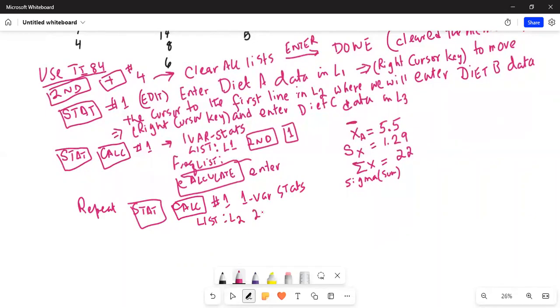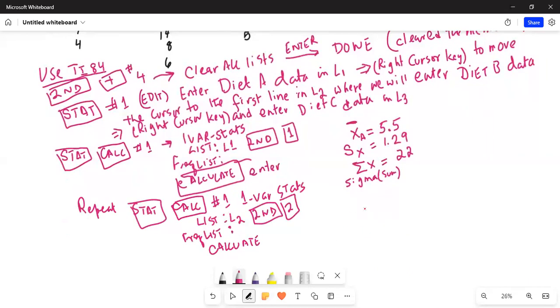How do you make it L2? Second button and 2. And then frequency list is empty. And then calculate. Okay. So stat, calc, 1, 1-Var Stats, list is L2, second and 2. And then we go down to Calculate and hit enter.